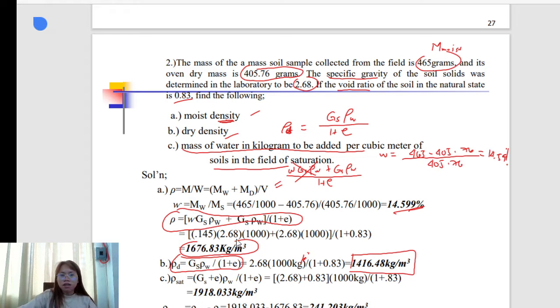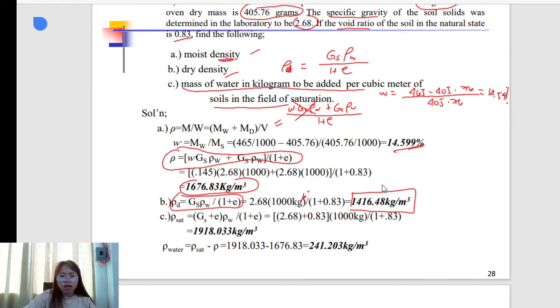That is, to determine the mass of water, the saturated density minus the moist density of soil.